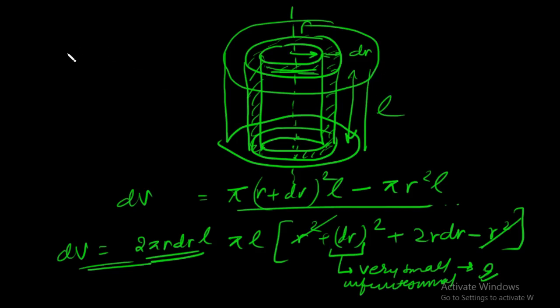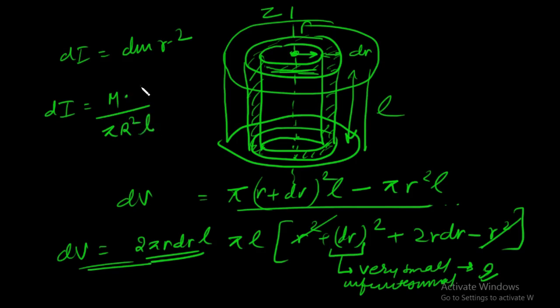So dI would be equal to dm times r square, because the differential cylinder is at a distance r from the z axis. So what will be dI? dm was M divided by pi R square L times 2 pi r dr L, times r square. This will go from 0 to I and this will go from 0 to capital R, because we are taking it for the whole cylinder.